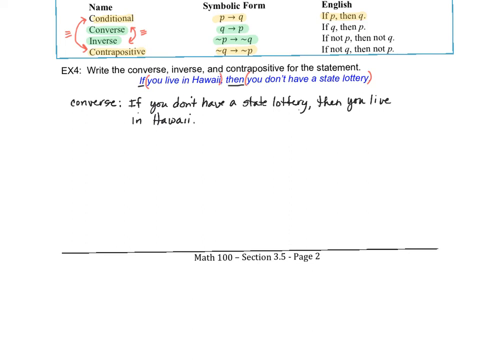There are other states that don't have a state lottery. I wonder if Washington does. I know there's a few. So you could live in a state that doesn't have a state lottery and not be living in Hawaii. So again, these are not equivalent. Let's look at the inverse. Remember, what the inverse says is that we're going to negate, but the order is going to remain the same as our original statement.